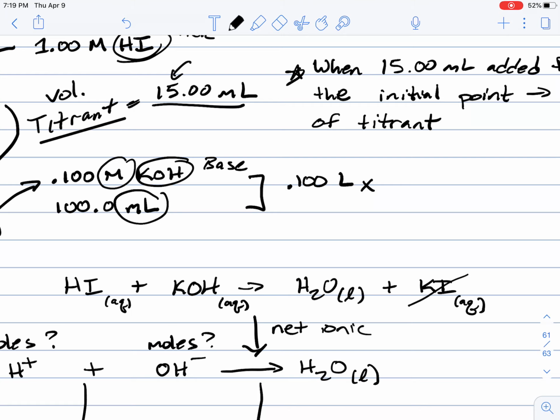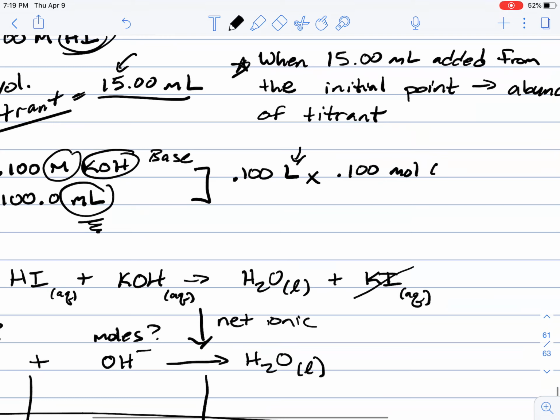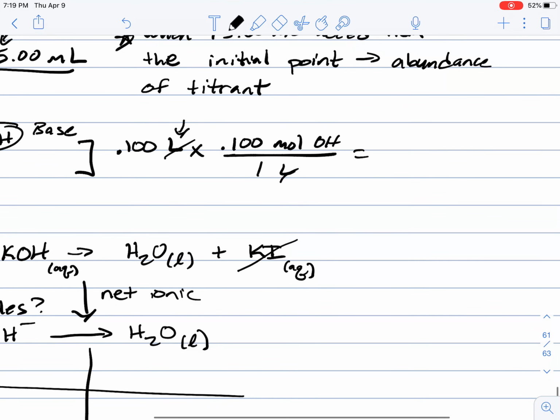So I converted my volume into liters. And then I'm going to multiply that by my concentration, 0.100 moles of hydroxide over 1 liter. That cancels, leaving me with 1.00 times 10 to the negative 2 moles of hydroxide.